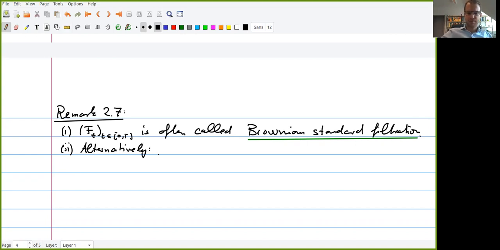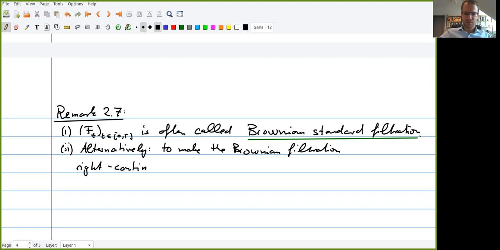In order to obtain a right continuous Brownian filtration, what I could do is just take the natural one and set F_t plus, which is hard coded to be right continuous, right?